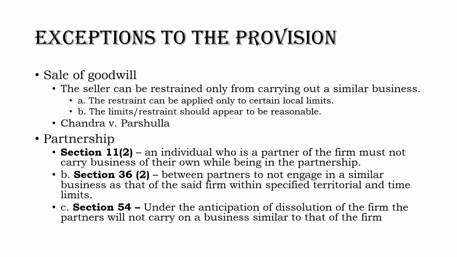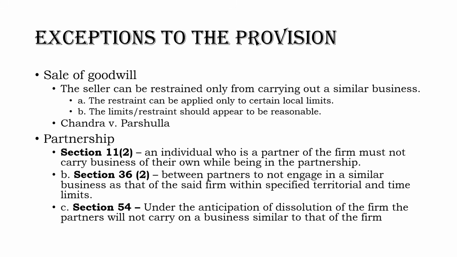The defendant nevertheless opened a similar business. The plaintiff brought an action against the defendant. It was held by the court that the agreement was valid and it was not in restraint of trade, as it fell under the exception to agreements in restraint of trade.